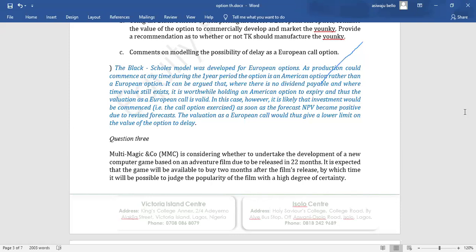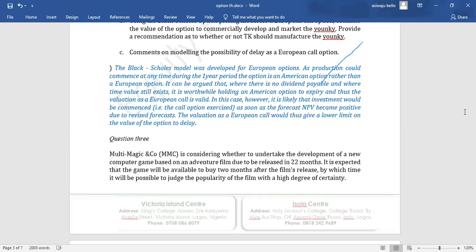That means if you are talking of an American option contract, the company can commence production within 12 months.